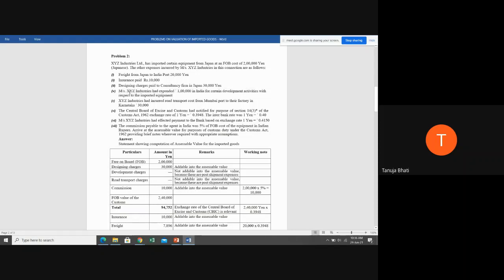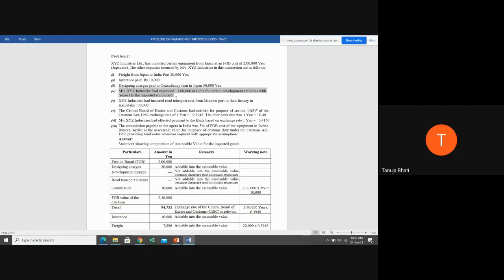Now, common sense, students: should this be included in calculating the customs duty? This is not a pre-importation expense. It is post. Once the equipment is received, XYZ Industries makes an expenditure of 1 lakh for certain development activities on that machinery. So just tell me, should this 1 lakh be included in calculating the customs duty?